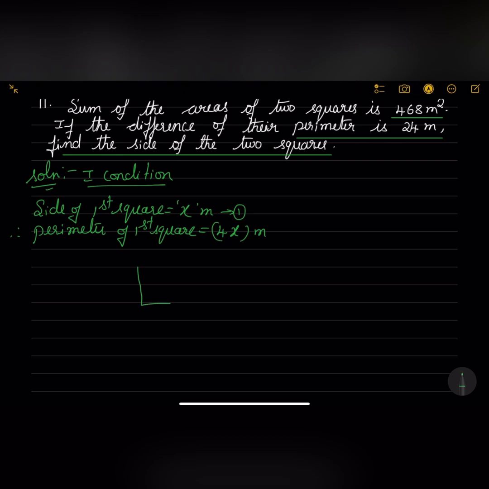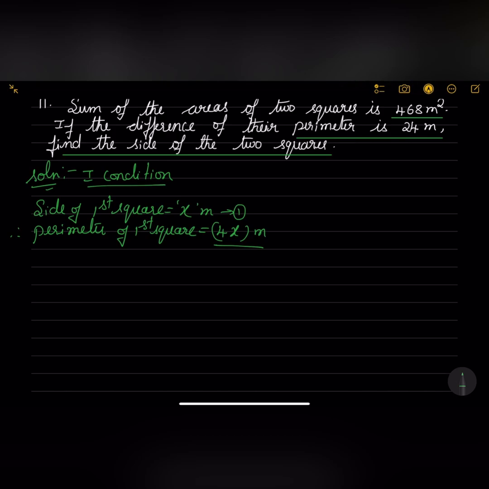We know what a square is. If this is x, then all the sides are equal, x, and this is x plus x plus x plus x. So it will be equal to 4x, right? x plus x plus x plus x, 4x. So this is the perimeter for x meters.